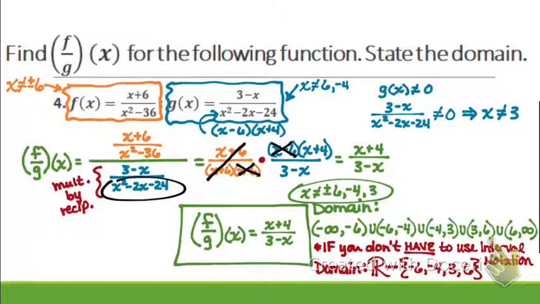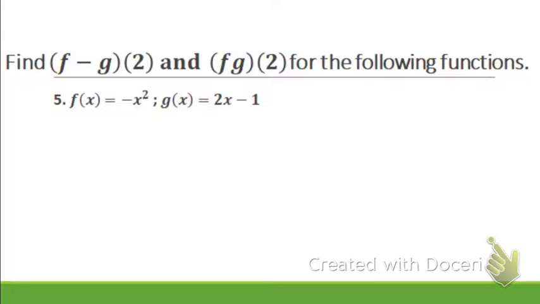What about if I want to do an operation on 2 functions and then I want to evaluate it for a value of x? So for example, if I wanted the difference of f and g evaluated at x is 2.